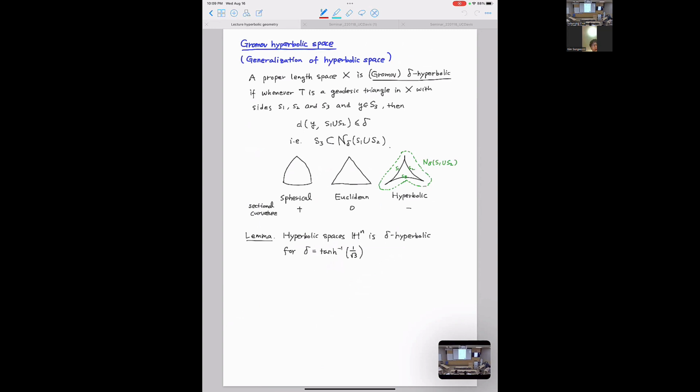Okay, so now I will give you a definition of the hyperbolic space.